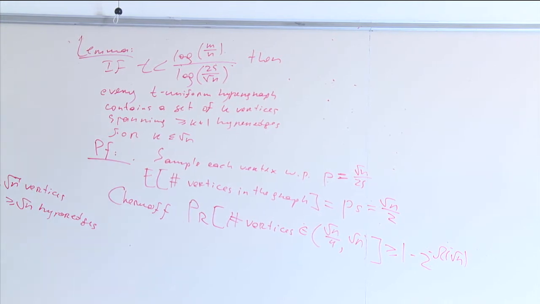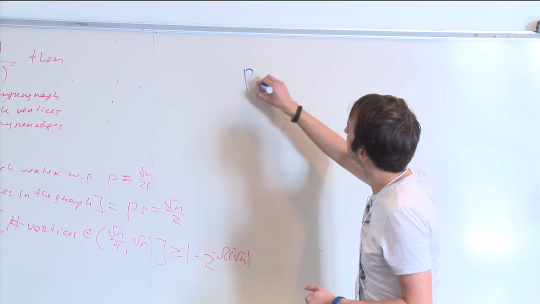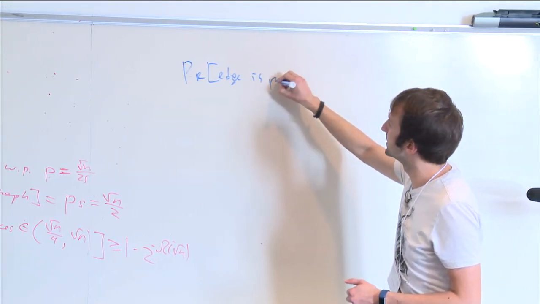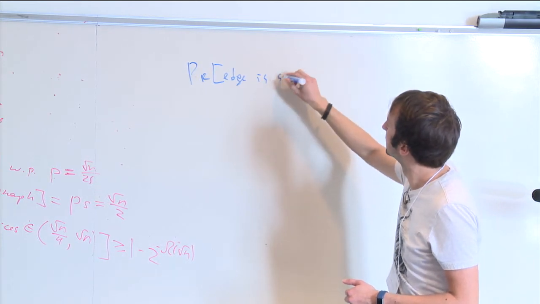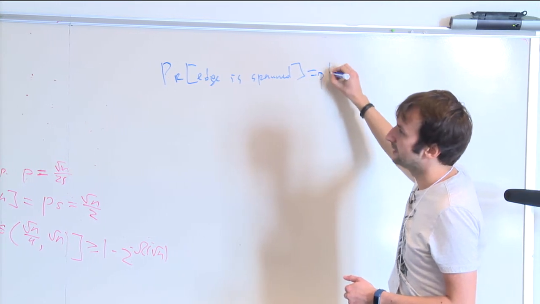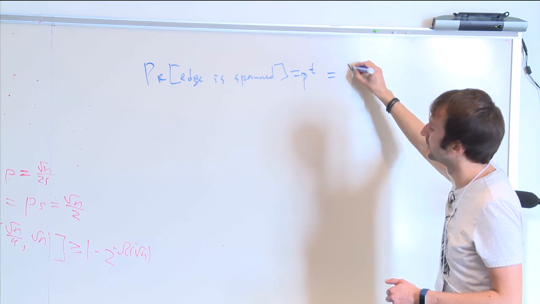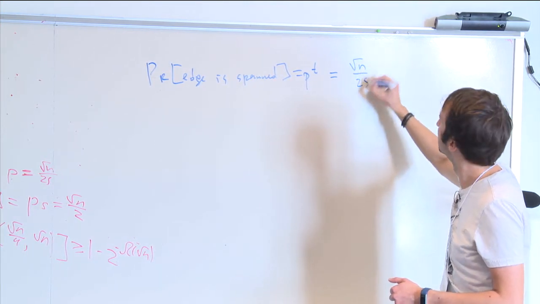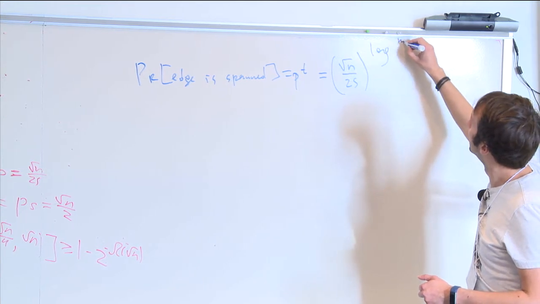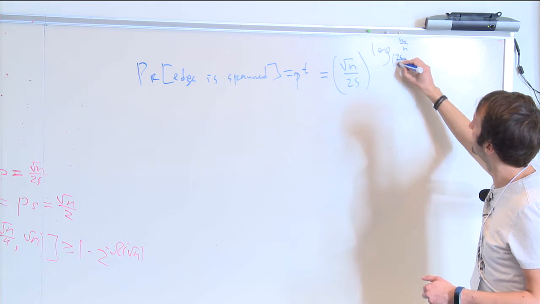So what's the probability that one edge is spanned? It's just p to the t, and this is supposed to be a nice expression. Let's see, this is square root of n over 2s to the power log of m over n base 2s over square root of n.